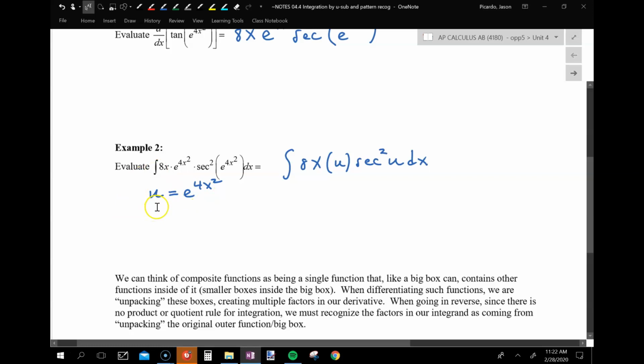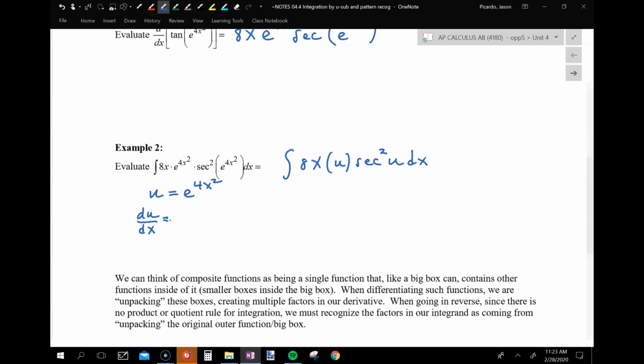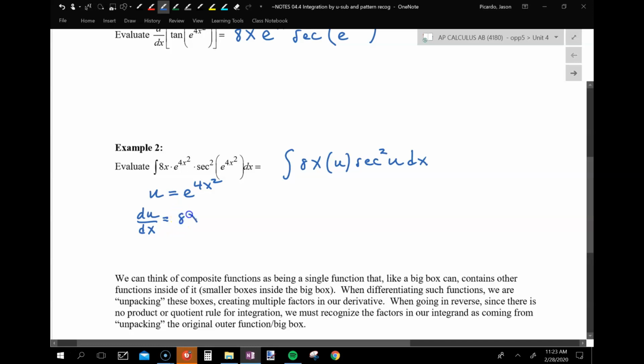All right. Well, is this something that I can take a derivative of? A derivative. Can I take a derivative? Sure. du over dx equals, well, what's the derivative of e to the 4x squared? Well, the derivative of 4x squared is 8x. And the derivative of e to the x is e to the x.